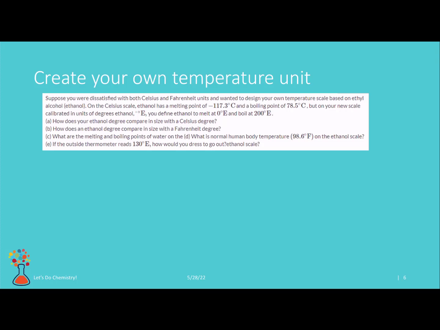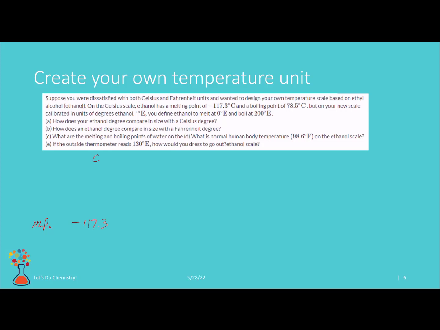On the Celsius degree, what we know is the melting point. The melting point, just like the ice, from the solid to liquid for alcohol, that is minus 117.3 Celsius degree.